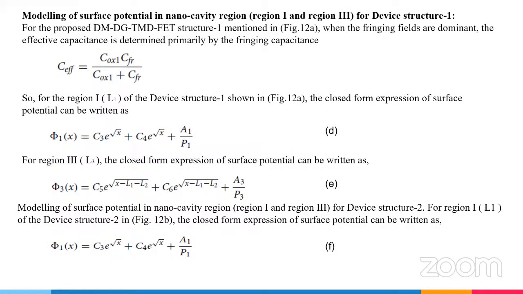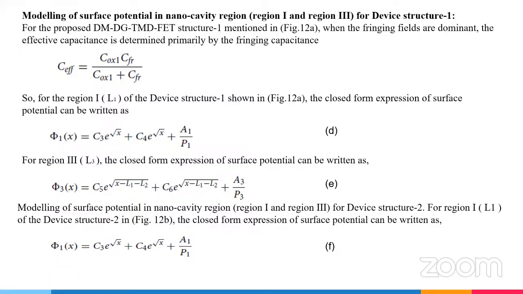So for the modeling of the surface potential for device structure 1, as you can see there is no gate over the cavity, so the fringing fields are dominant. So we have to include the fringing capacitance in the effective capacitance. To include it, we have used Cox1 plus C fringing.